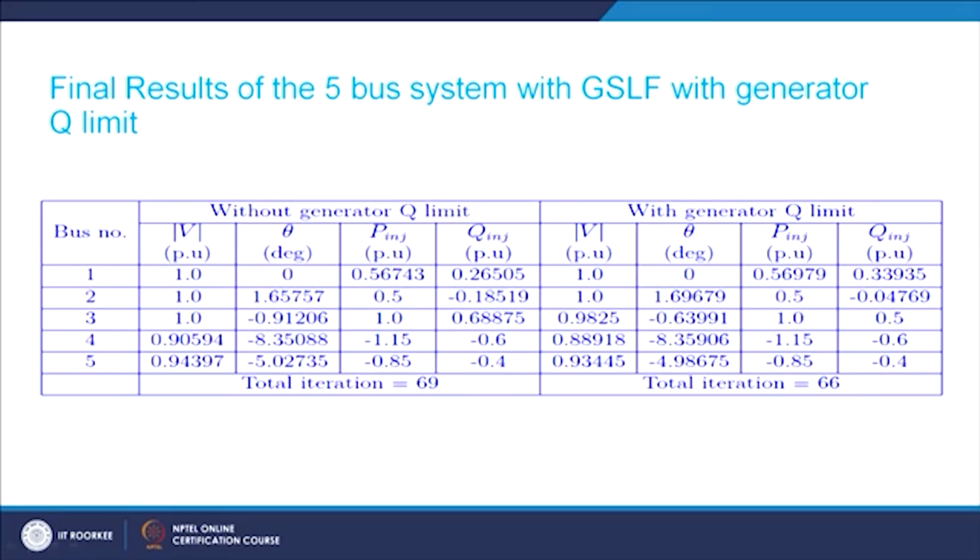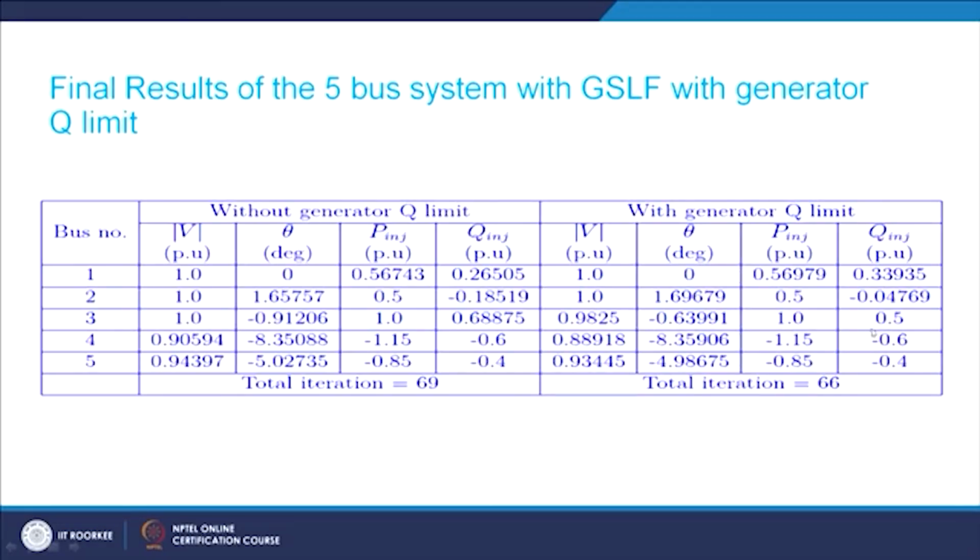For comparison, we have shown the results without generator Q limit and with generator limits side by side. We can see for bus 3, because the reactive power limit was being exceeded, its reactive power injection is only maintained at 0.5 per unit.